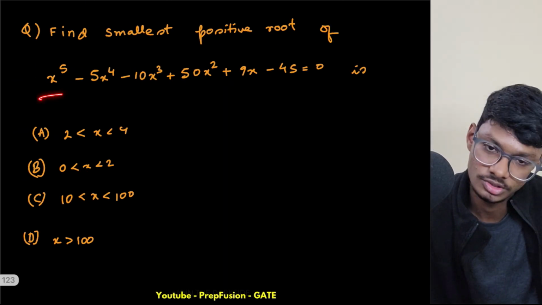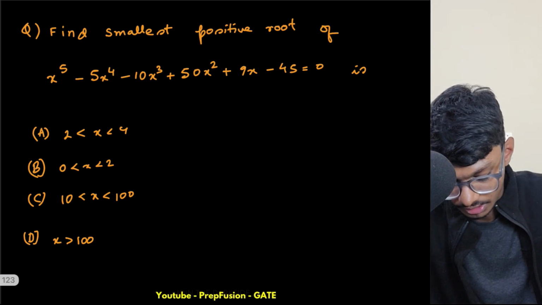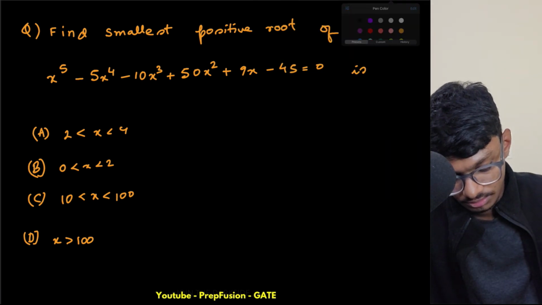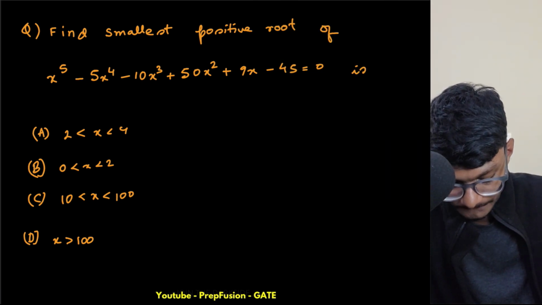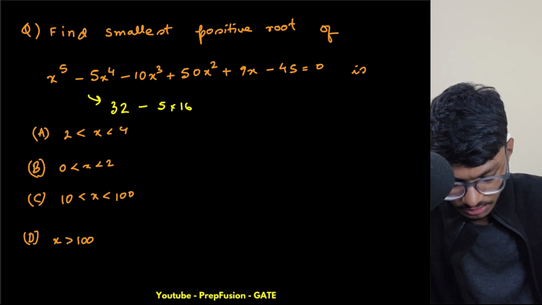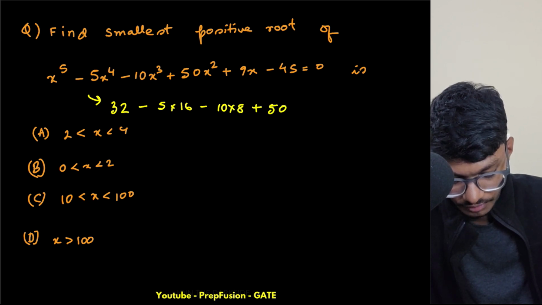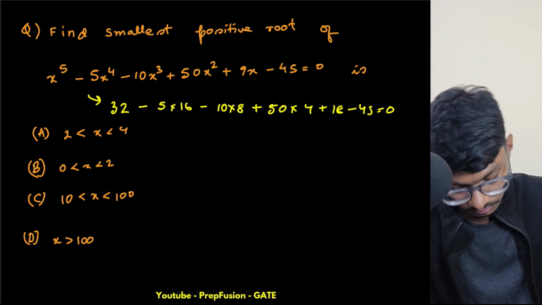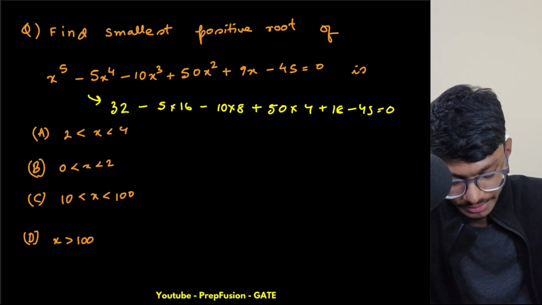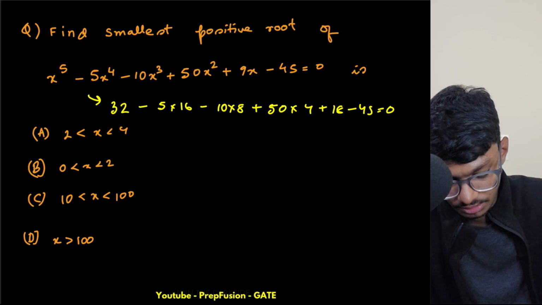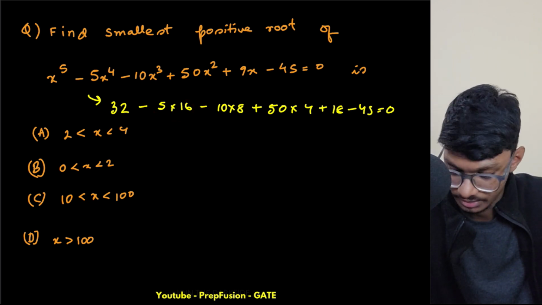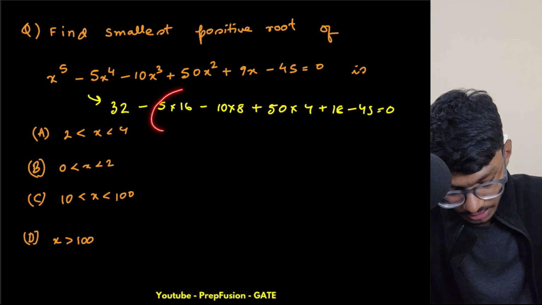My f of 2 is 2 raised to the power 5, so it is 32. Okay, let me do this here only. 32 minus 5 times 16 minus 10 times 8 plus 50 times 4 plus 18 minus 45 equal to 0. So it is 32, 80 minus 32. So okay, this is 80 and this is also 80.